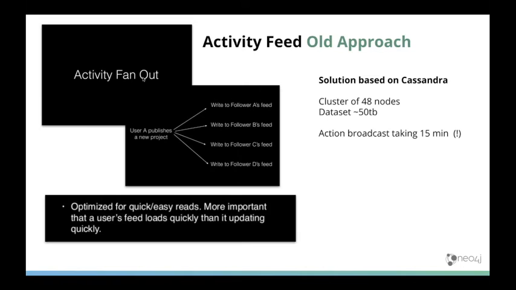But if a popular artist that's followed by, let's say, 100,000 people publishes something, that becomes a rather chunky piece of work because it involves 100,000 writes. This creates first of all a huge data set, around 50 terabytes, but also a rather large deployment of a cluster of 48 nodes, and the process of broadcasting an action could take up to 15 minutes in the cases I was mentioning, like very popular users with many followers.